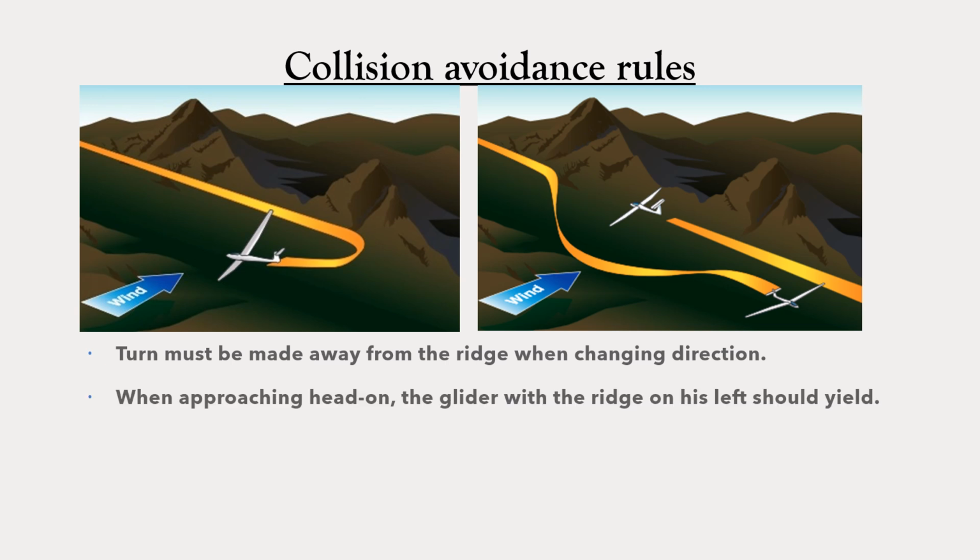When two gliders are approaching each other head on, the glider with the ridge on the left should yield to the other glider. It should do that by moving out away from the ridge into an area that's not as good of lift for a moment, but that's a lot better than getting too close to a collision.